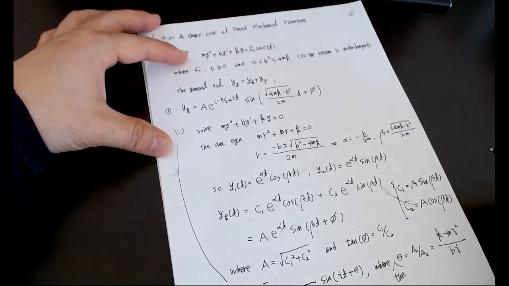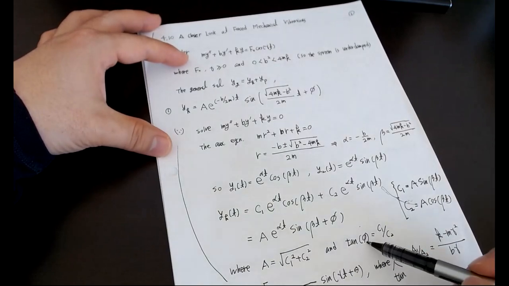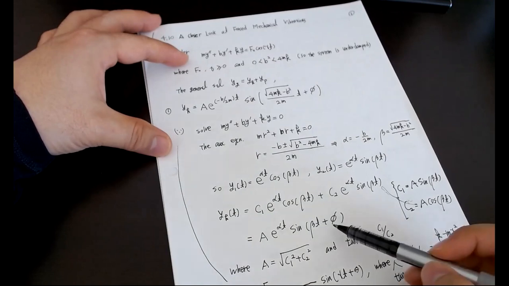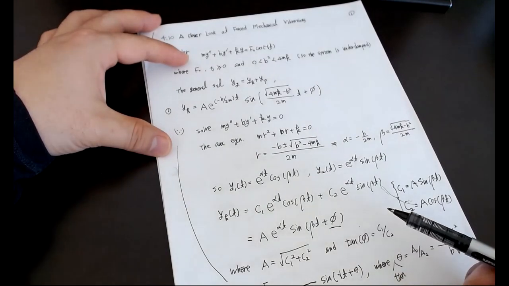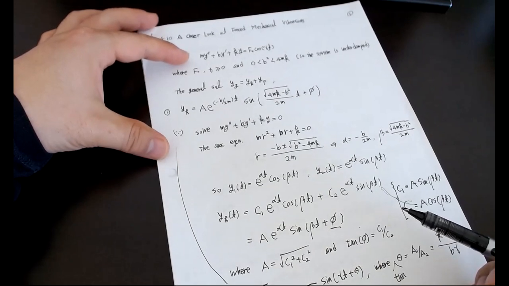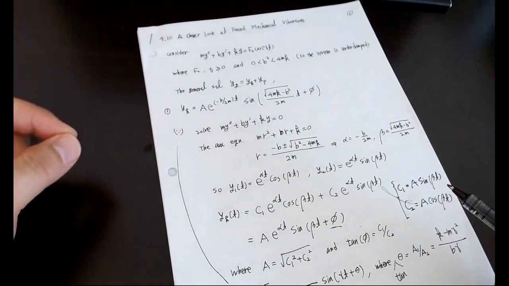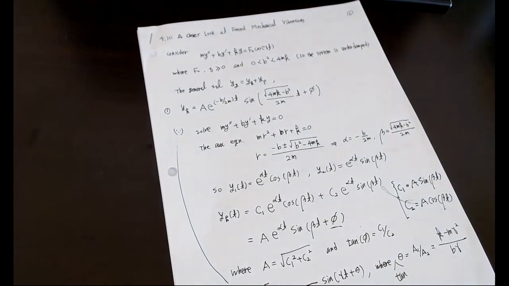Now, where A is the square root of C1 squared plus C2 squared, and tangent phi is going to be C1 over C2, and phi is the phase angle. And beta is this, the imaginary part.